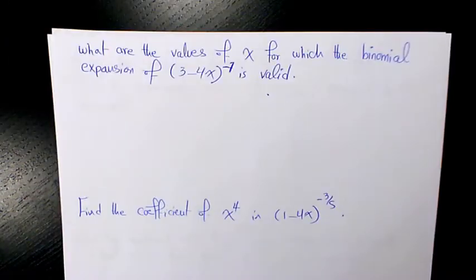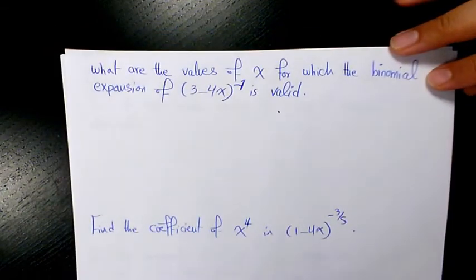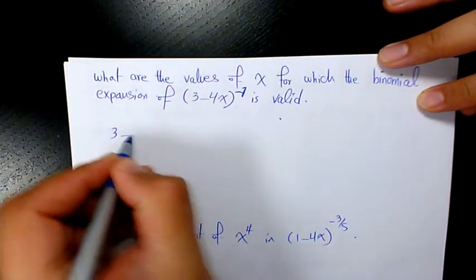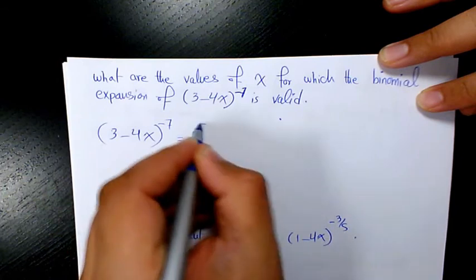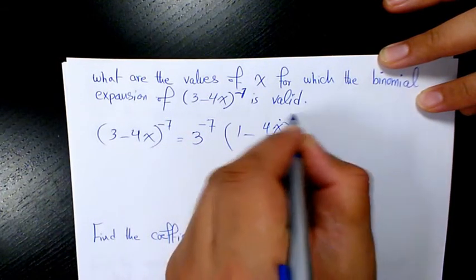Next one, what are the values of x for which the binomial expansion of 3 minus 4x to the power of negative 7 is valid? What does it mean that it's valid? It means that x is between negative 1 and 1. So here we have 3 minus 4x to the power of negative 7, so we can take 3 out. It's going to be 1 minus 4x over 3 to the power of negative 7.